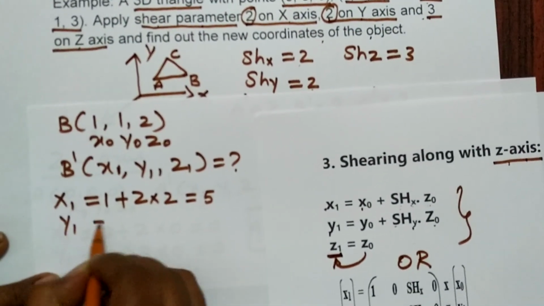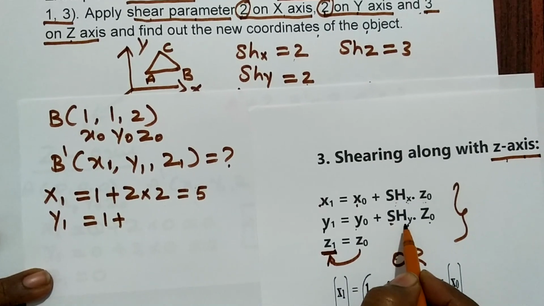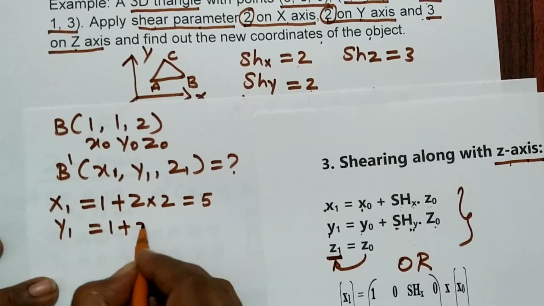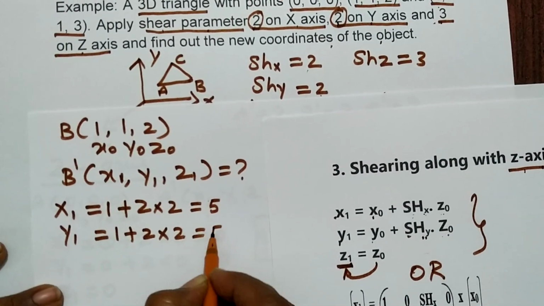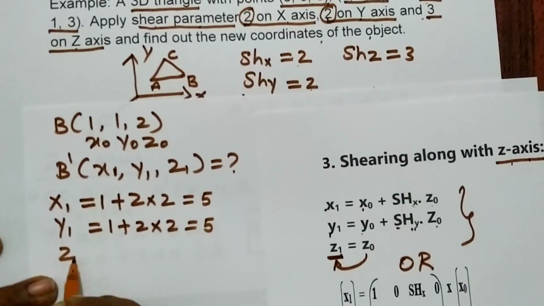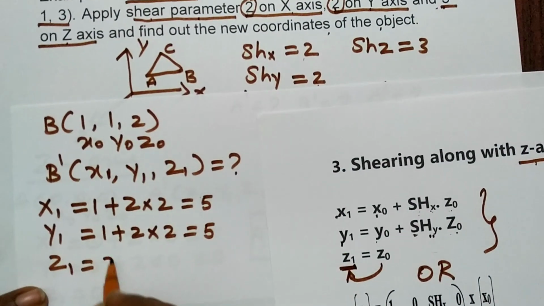Next, y1. y1 is y naught. What is our y naught? 1. 1 plus shy. Our shy will be 2. 2 into z naught. Z naught will be 2. So this value becomes 5 only. What is our z1? Z1 will be Z naught. Our z naught will be 2.